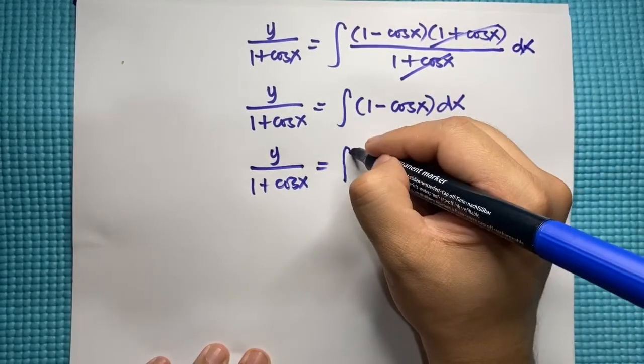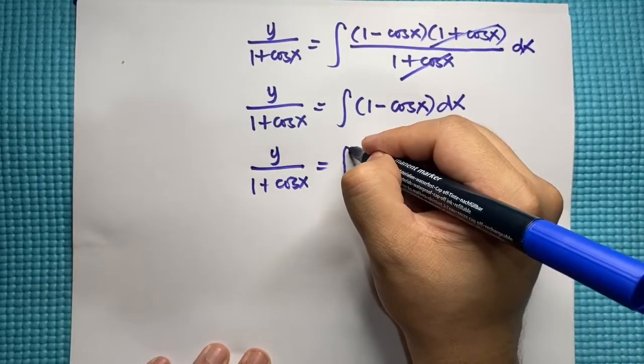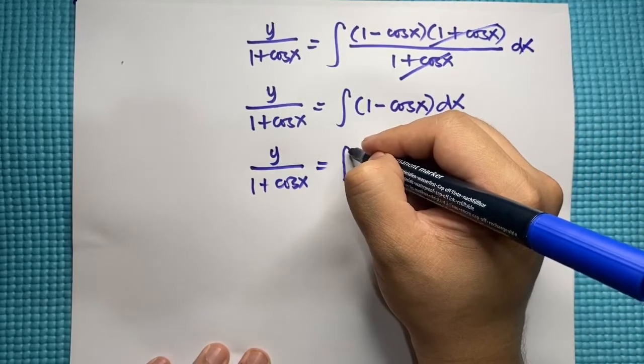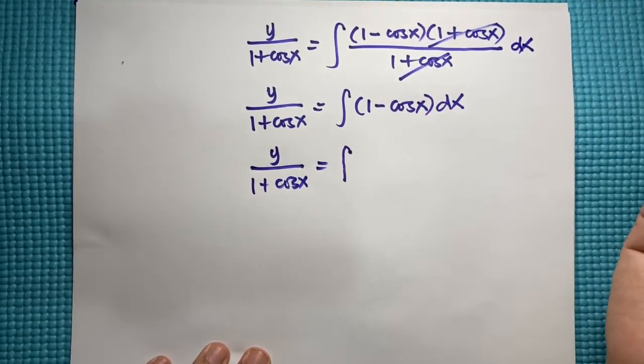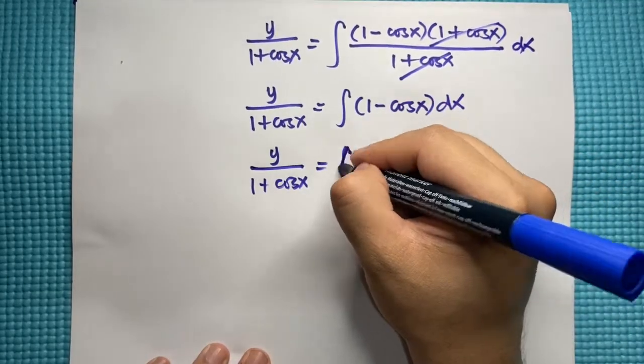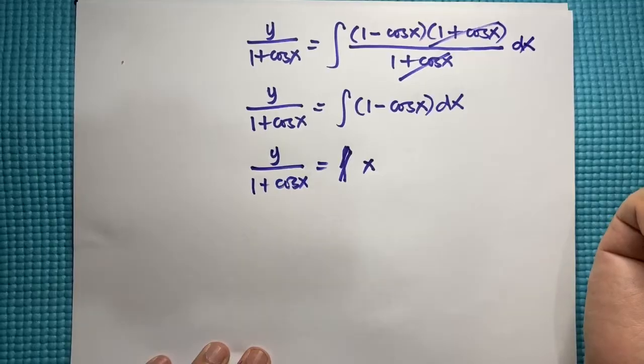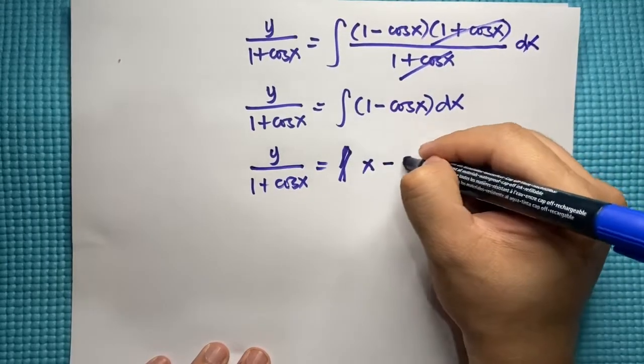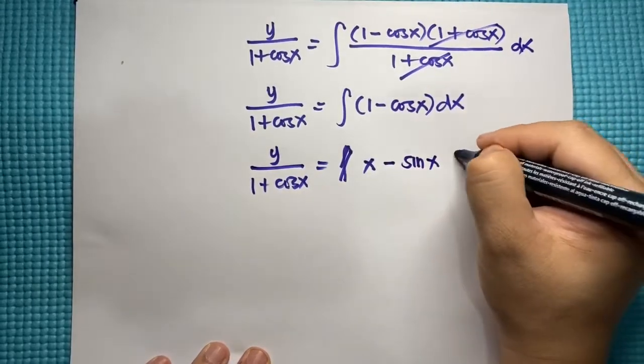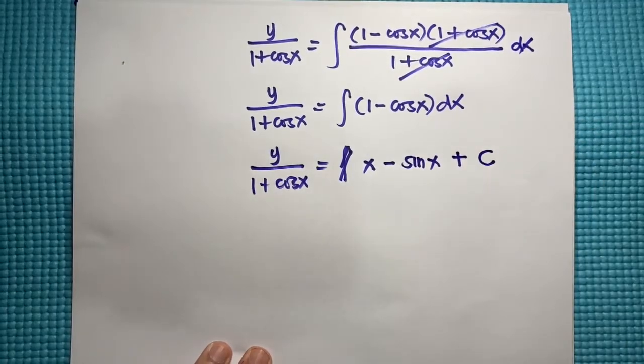The integral of 1 is just x, and the integral of cosine is sine, so minus sin x plus c.